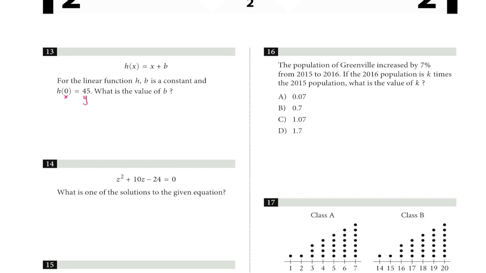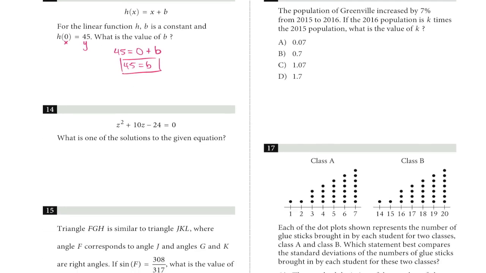So what we could do is substitute that in. So we could say, hey, we have 45 equals our x, which we said was 0, plus b. And now we could solve for b here. We're just going to go ahead and say 45 equals b, because 0 plus b, the 0 just kind of goes away. So b is 45.